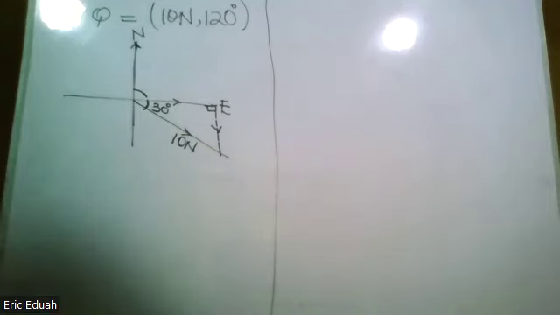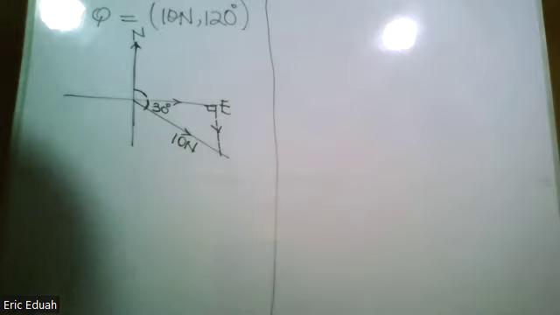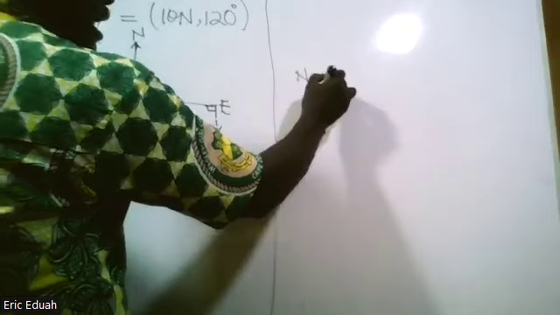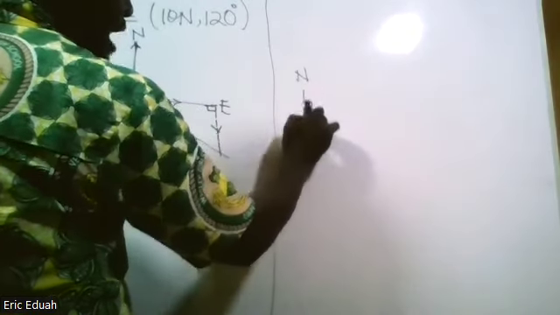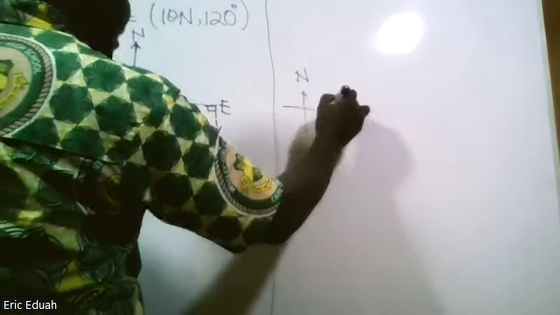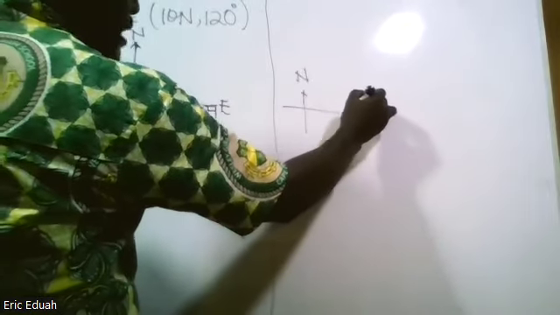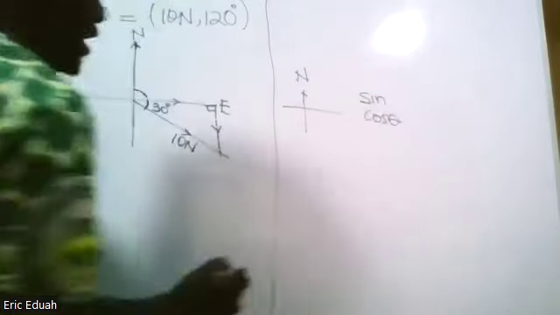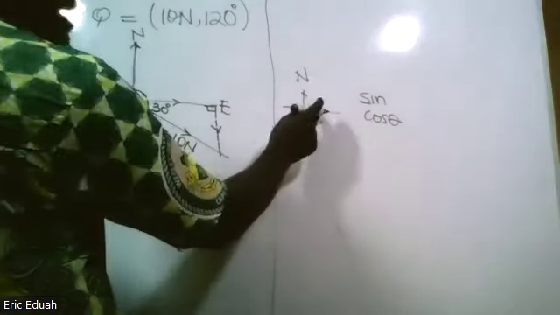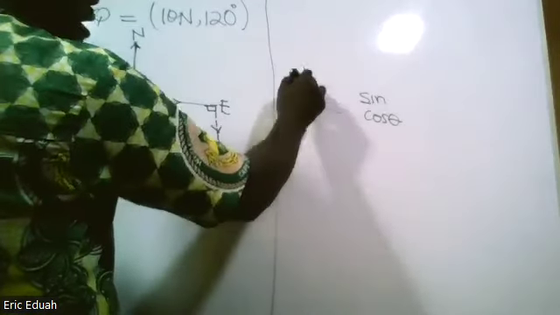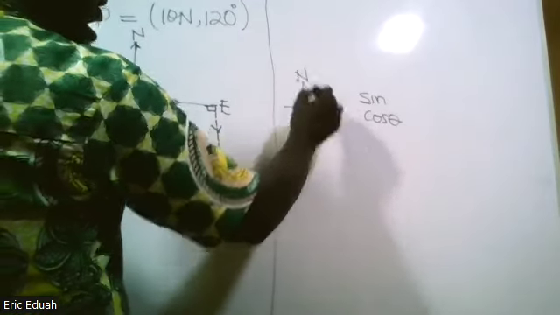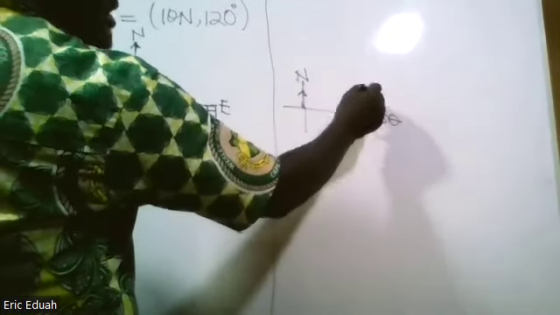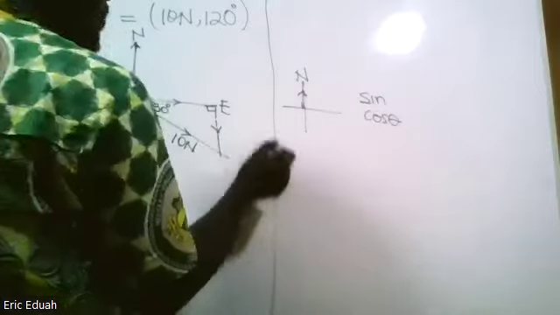Now, two things. I earlier said that if the angular measurement is from the north, the order of your components becomes sine, cos. If you are taking it from the x-axis, the north is the same as the y-axis. So if you are using the angle the vector makes with the north, it should be sine, cos.